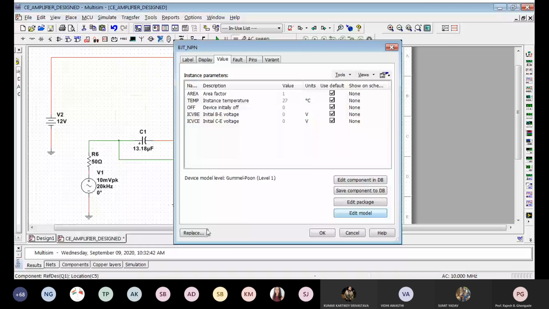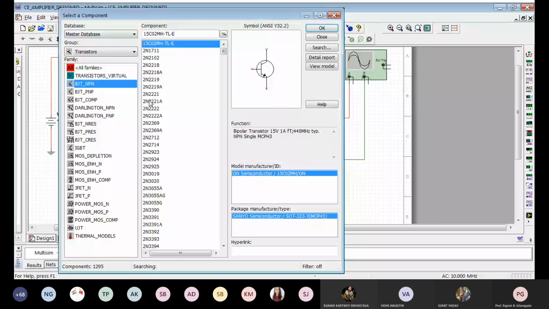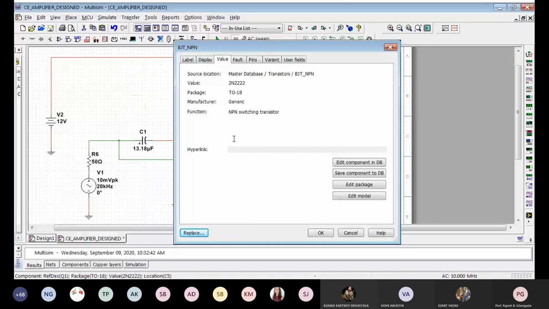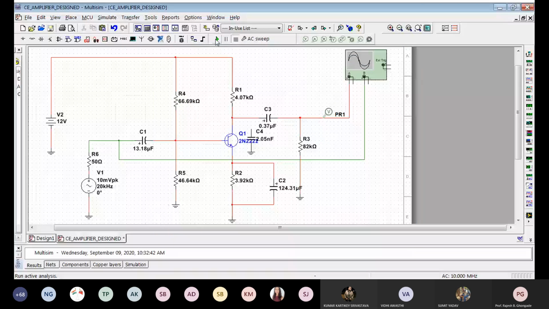If I replace this with a real transistor model, for example, this one. Okay, let the gain be like that only. Now look at what is going to happen. So what is happening?